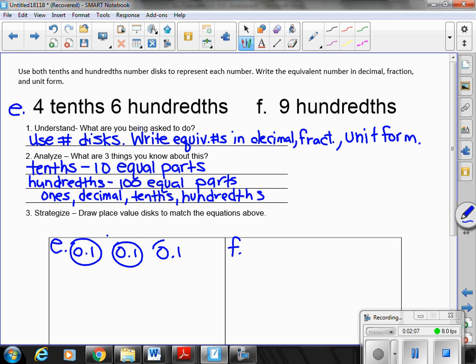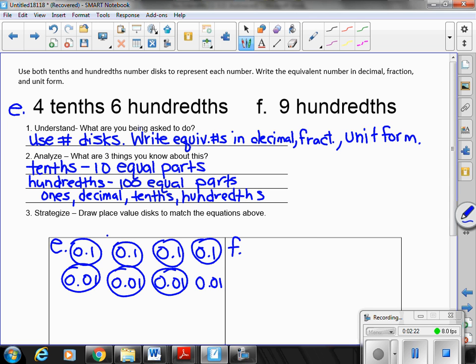There's my 4 tenths, and now I'm going to draw my 6 hundredths. There you go. Here are my 4 tenths and my 6 hundredths.